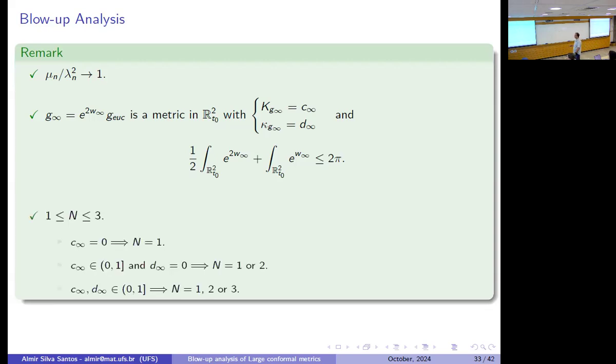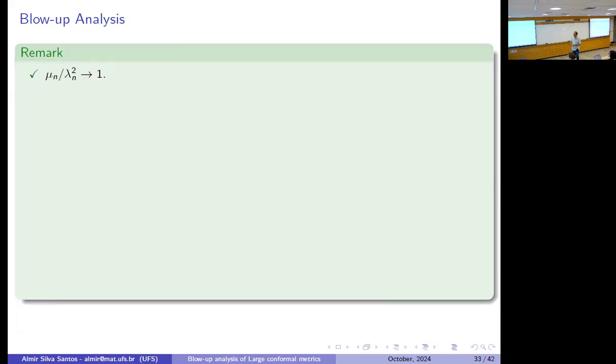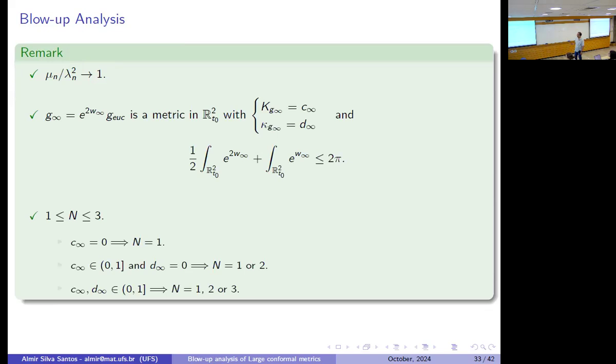And also N, this capital N, is the number of blow-up points. We can estimate the number of blow-up points, which is related to these constants C infinity and D infinity. The number of blow-up points is at most 3, depending on the value of C infinity here.